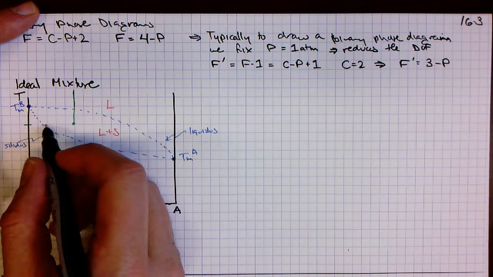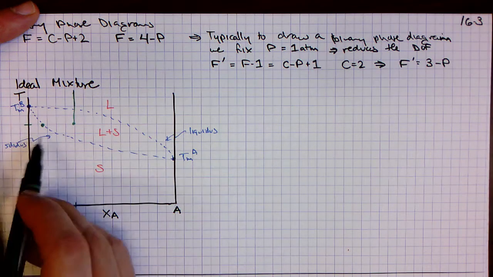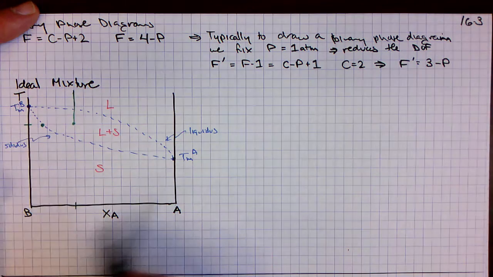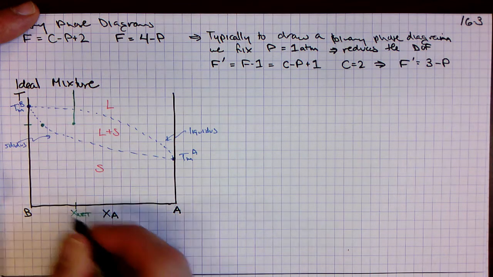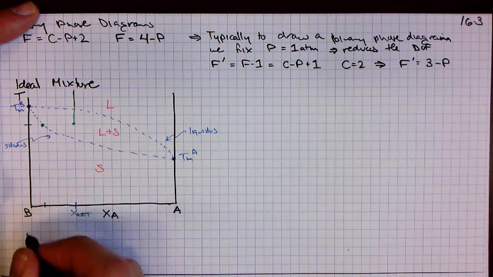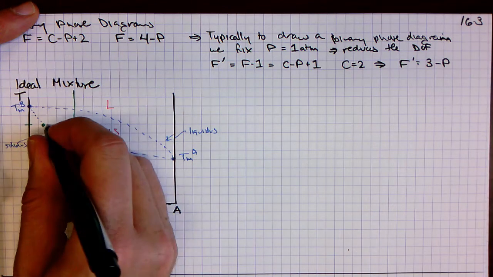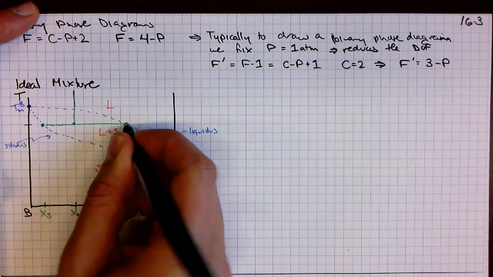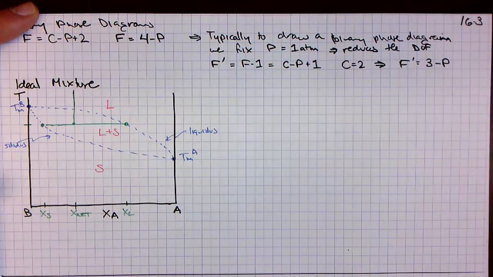Well, we know at this temperature, this is our net composition, right? This would be our composition of the solid, right? And this would be our composition of the liquid present at that temperature, right?